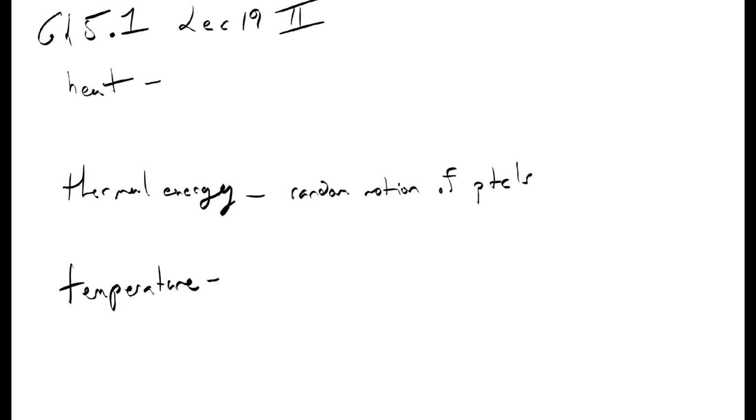Every substance out there is made up of particles, whether atoms or molecules or ions or whatever, and they are always in constant random motion. Constantly moving, some this way, some that way. And the hotter something is, the faster those particles are moving in their random directions, bouncing off one another, and so on.